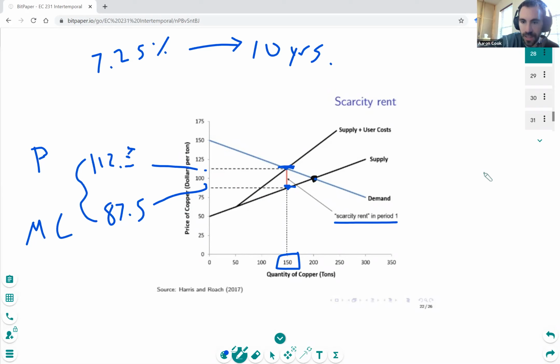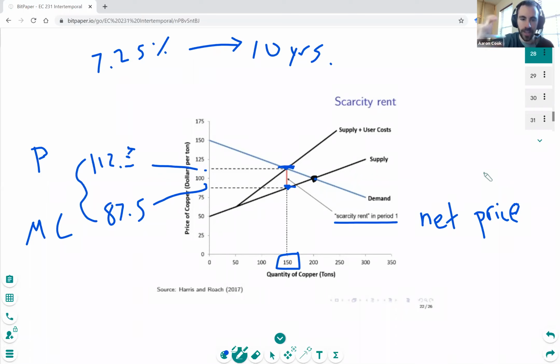Let me just point out, you can also think of this as the net price. The net price, that's the sale price of the resource, minus the marginal cost. So price minus marginal cost is like the net price. That's like the marginal profit that the resource owner earns. So net price and scarcity rent in this case are kind of the same thing.